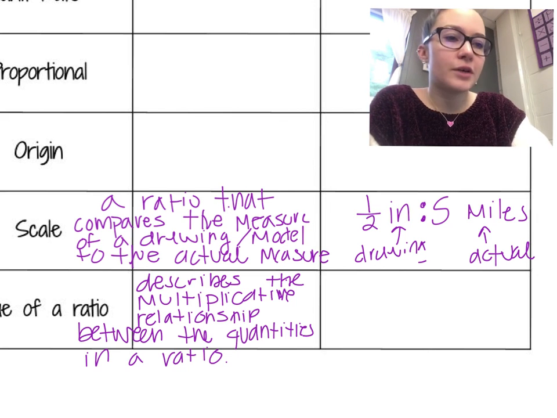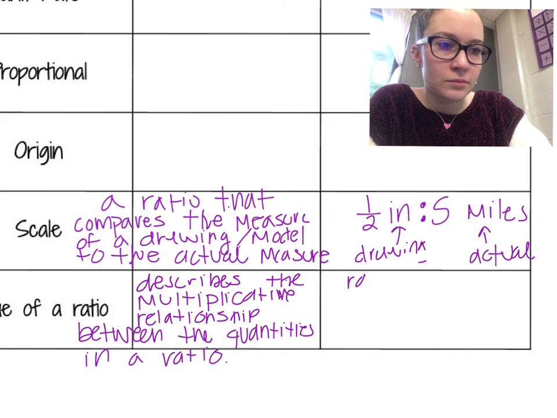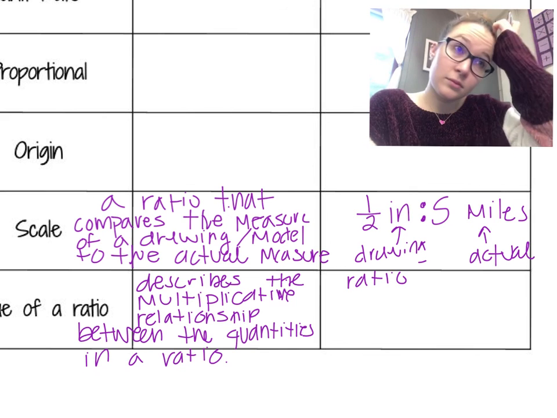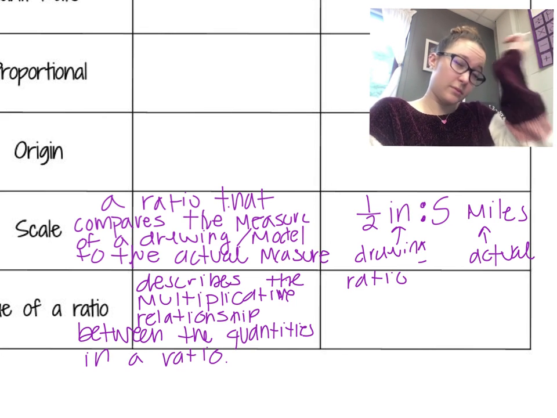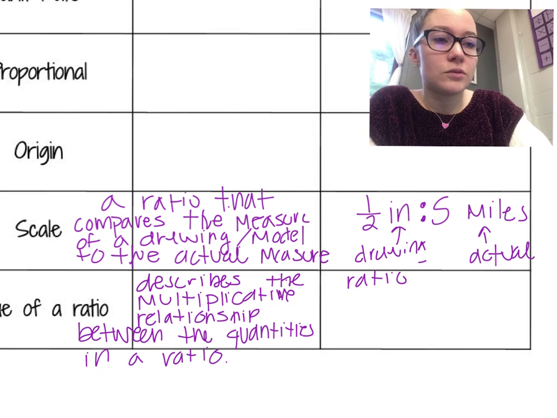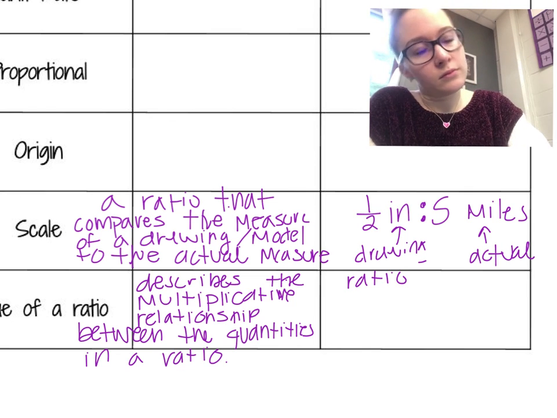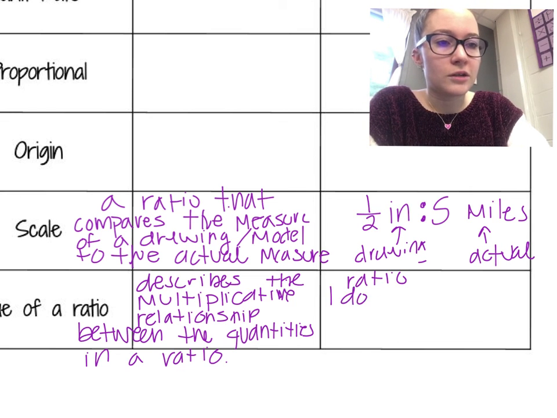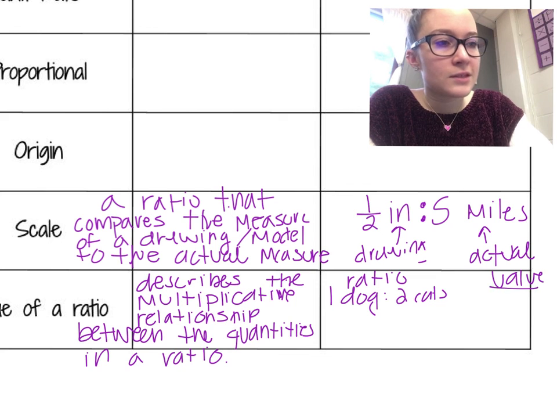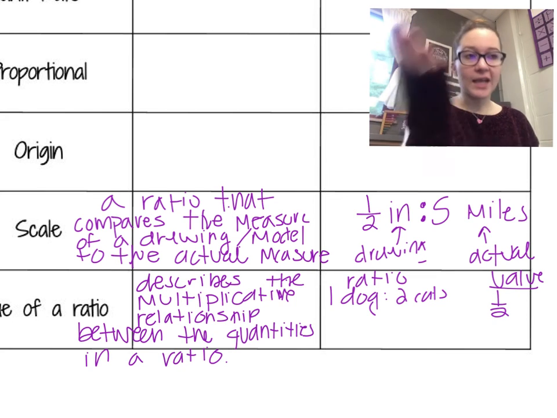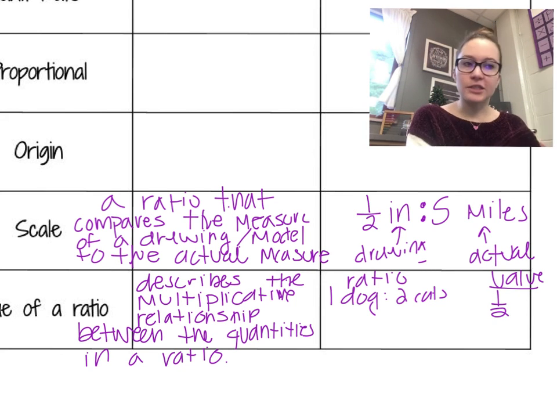Okay, so if I have the ratio 1 dog to 2 cats, the value is going to be 1/2. There's half as many dogs as there are cats.